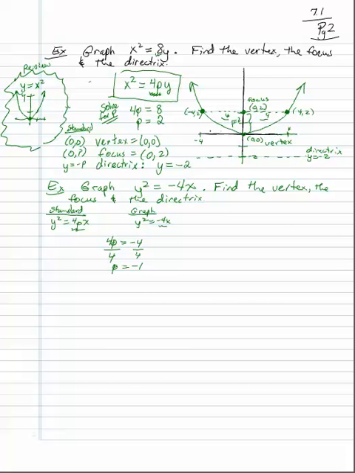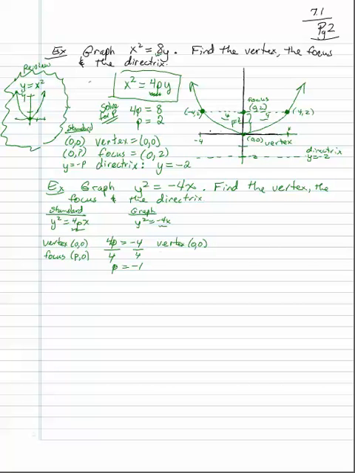Okay, so again, to do the vertex, the standard form, the vertex is 0, 0. So this one is going to be 0, 0. The focus is p, 0.